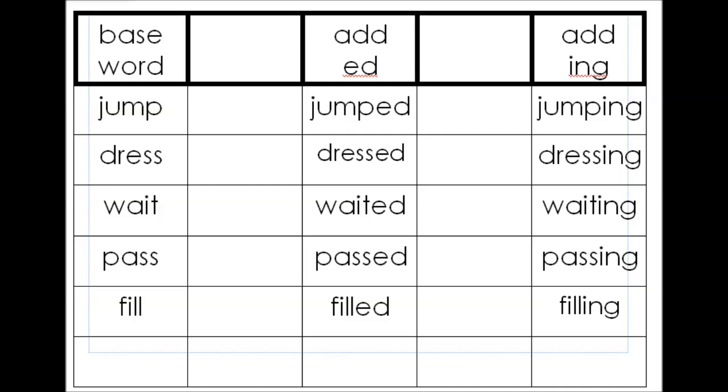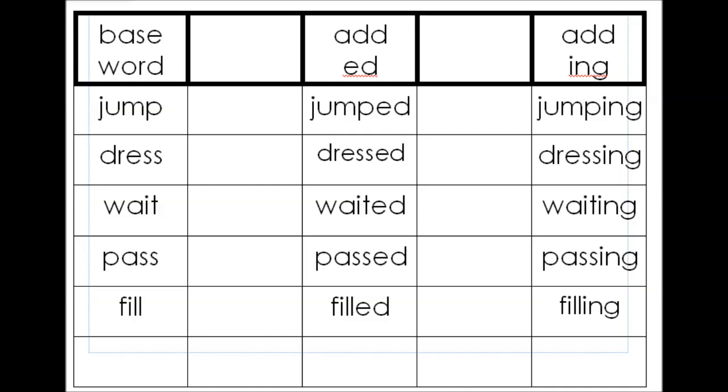Go ahead and use your words jumped, dressed, waited, passed, and filled in a sentence. Remember, by adding the suffix ed, you are telling me it already happened. So make sure you use the words correctly in a sentence. Grown-ups, partners, please make sure you're listening and make corrections as needed. Press pause now.